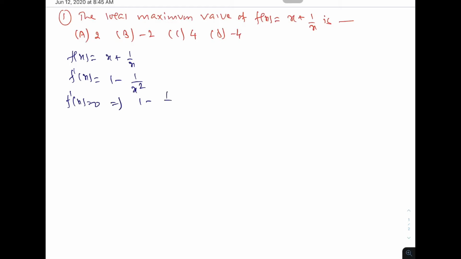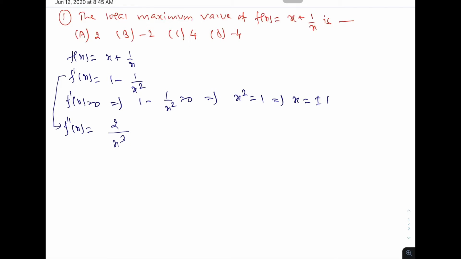So 1 minus 1 upon x square is 0, and this would imply x square equal to 1, and so x equal to plus minus 1. And we take the second derivative also, that's easy here. So second derivative is, 1 over x square derivative is minus 2 over x cube. So minus sign is already there, so that is 2 over x cube.